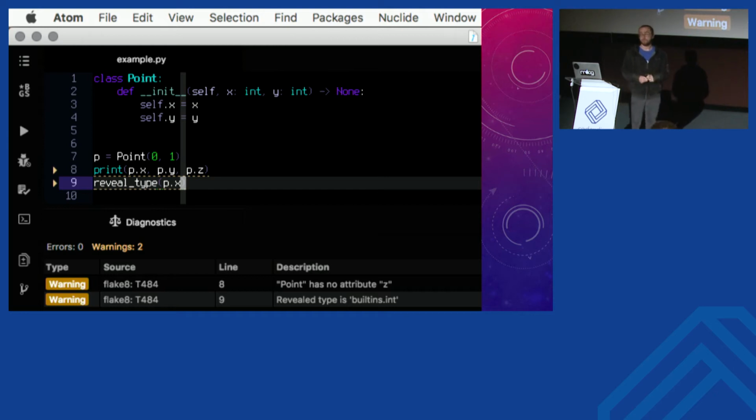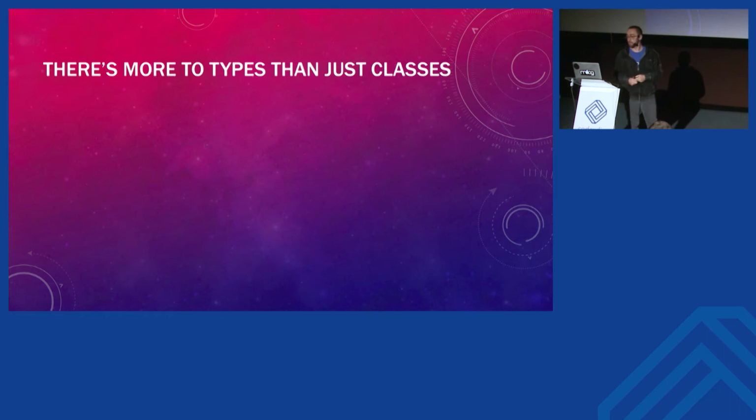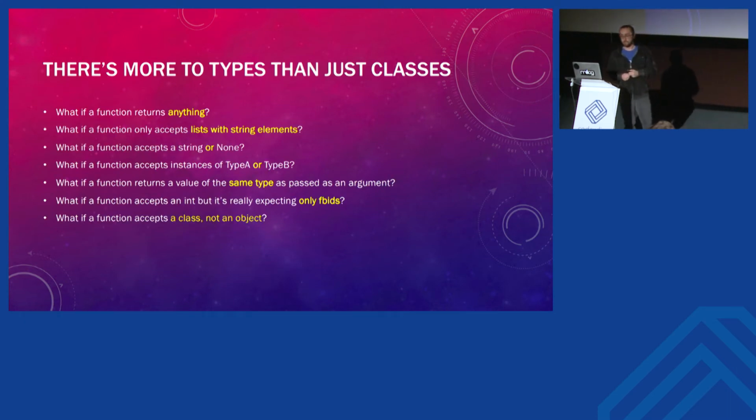So types are classes, but they're more than just classes. There are very many instances of things that aren't quite simple classes, but you would use them as types. For example, if you want something that returns any possible type in your application, and by the way, you don't have to remember all this, we're going to go through them one by one in a bit.